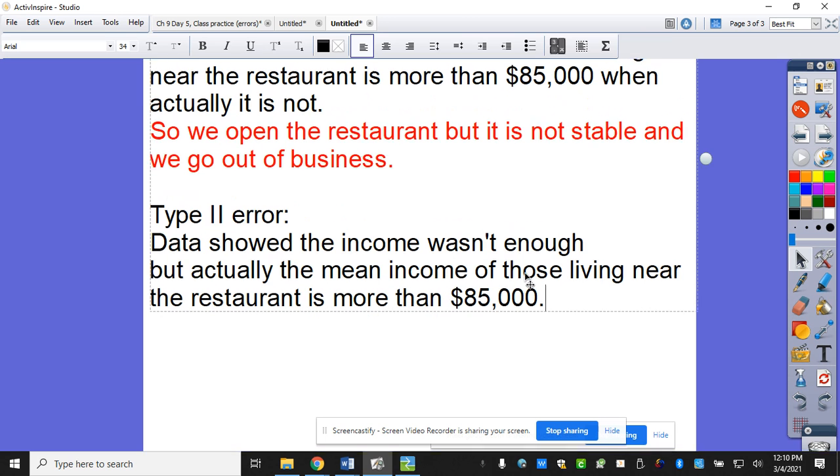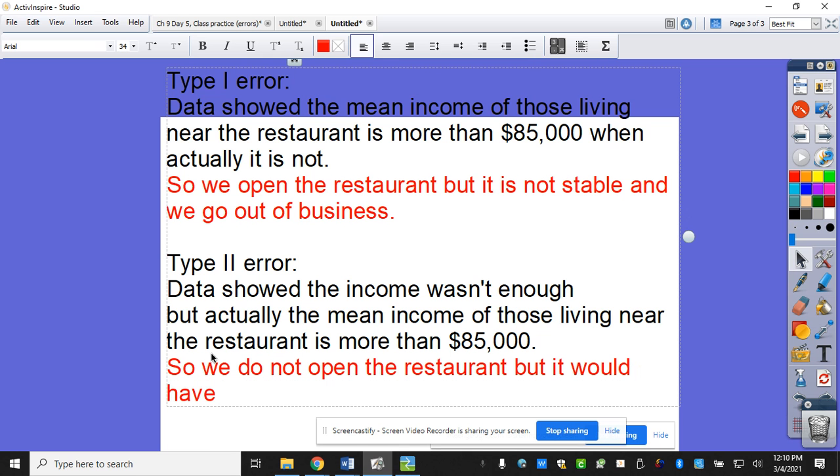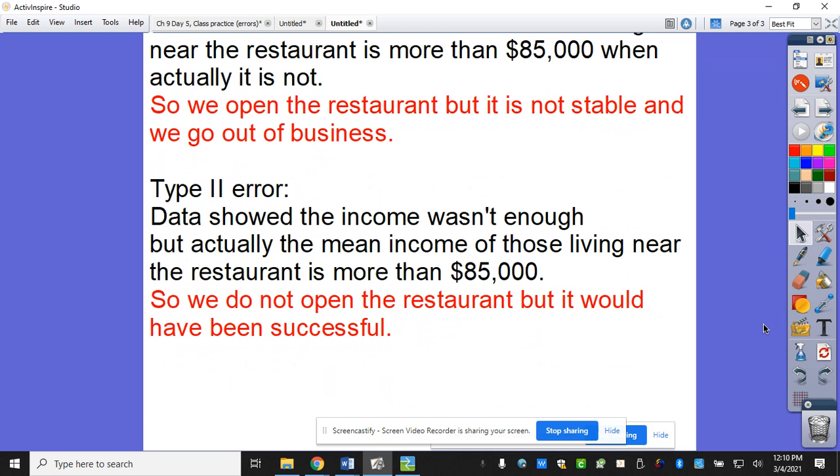So what would be my scenario and consequences here? What? Would have succeeded. So miss out on an opportunity to make money there.